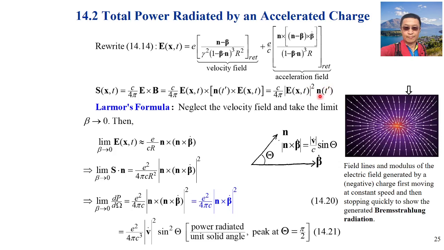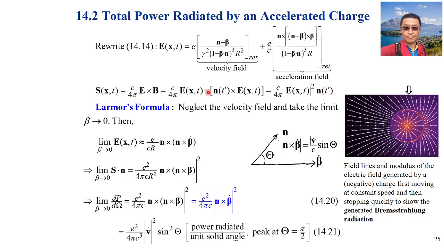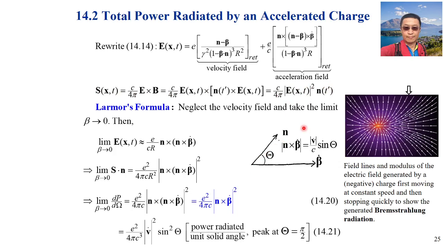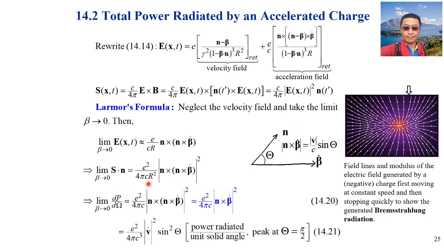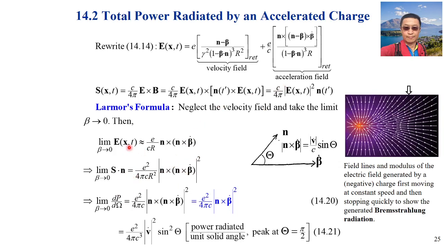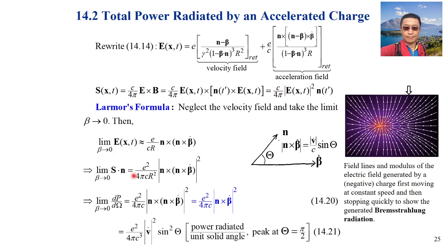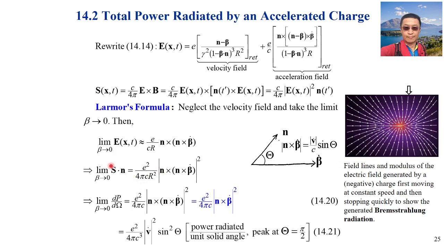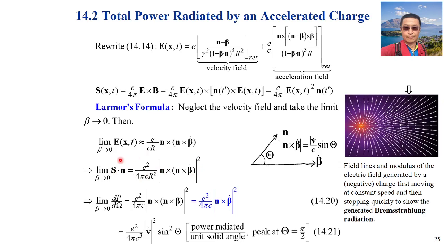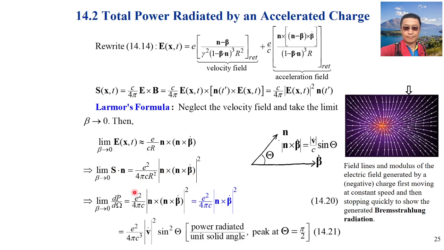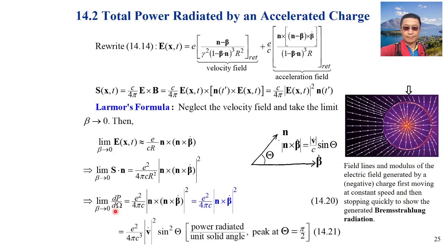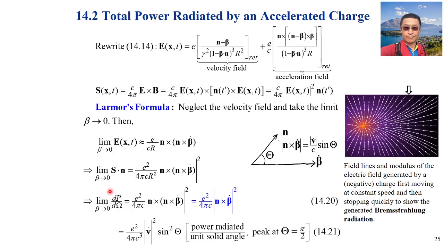So the direction will be in the direction of n. Okay, reasonable. Substituting everything into here, the Poynting vector in the n direction equals this one. So we can calculate the power per solid angle.